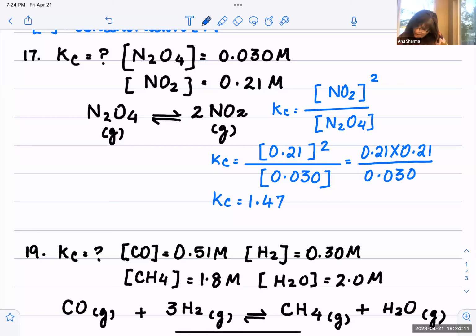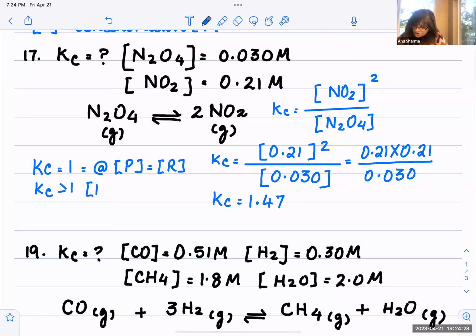Remember that when Kc is equal to 1, the reaction is at equilibrium, which means the concentration of the products and the concentration of the reactants come out to be the same. When Kc is more than 1, the concentration of the products is more than the concentration of the reactants.